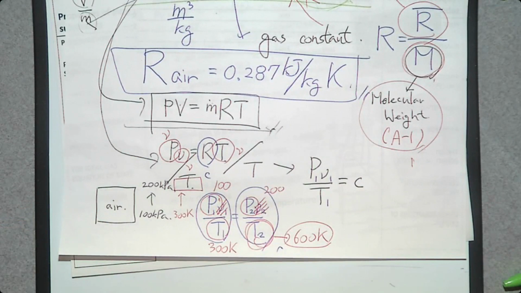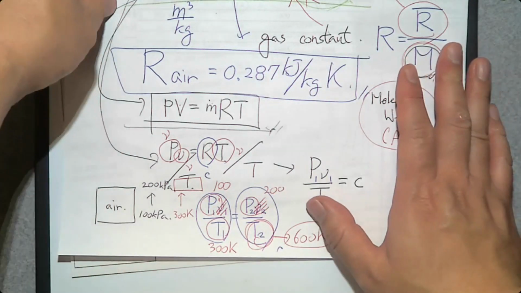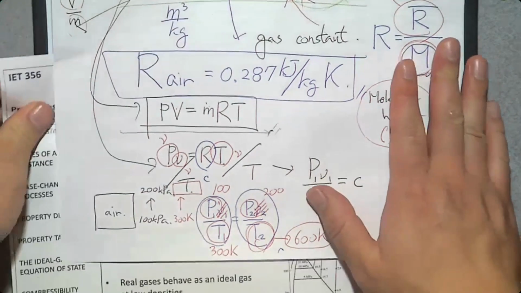So you don't have to make a property diagram, determine the phase change process, or go find the property table. If you use this ideal gas equation, you can simply determine a property. So ideal gas equation is pretty simple and powerful because it's easy to use. However, there's one limitation.